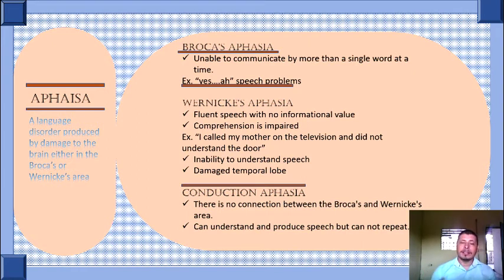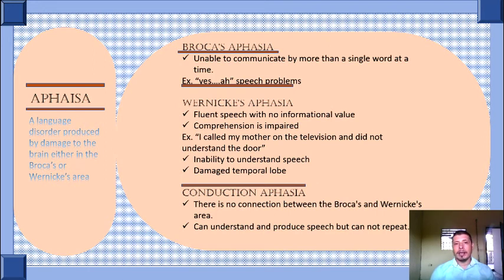Maybe he can understand what was said, but if the teacher asks him, what did I just say? Can you tell me the different instructions that I just detailed to you guys? The student is not going to be able to relate the information because he's going to have a hard time repeating. So these are the different elements that we find in language in the brain.